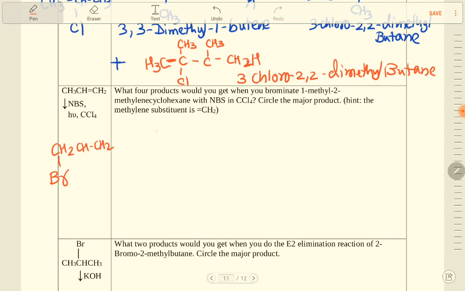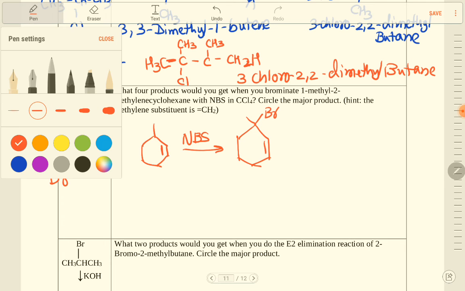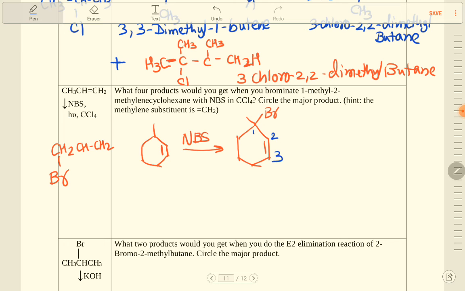Now, this is 1-methyl 2-methylene cyclohexane under NBS, and the product it forms. Let me change the color. This is 1, 2, 3.